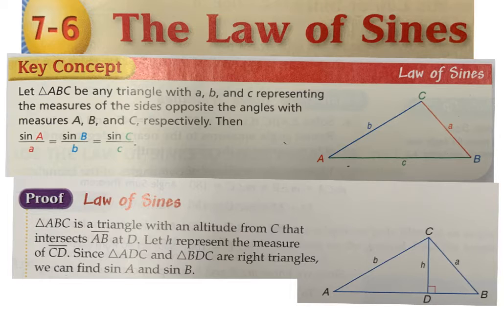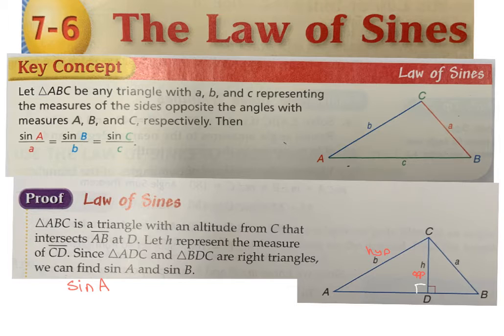Look at the proof a little bit. It's based on a right triangle, so they have the SOHCAHTOA. Sine of A is going to be opposite over hypotenuse. Sine of B is going to be opposite over hypotenuse. If we were to set this up, just based on this right triangle here, the sine of A, this would be opposite of A, and this would be the hypotenuse for that triangle on the left.